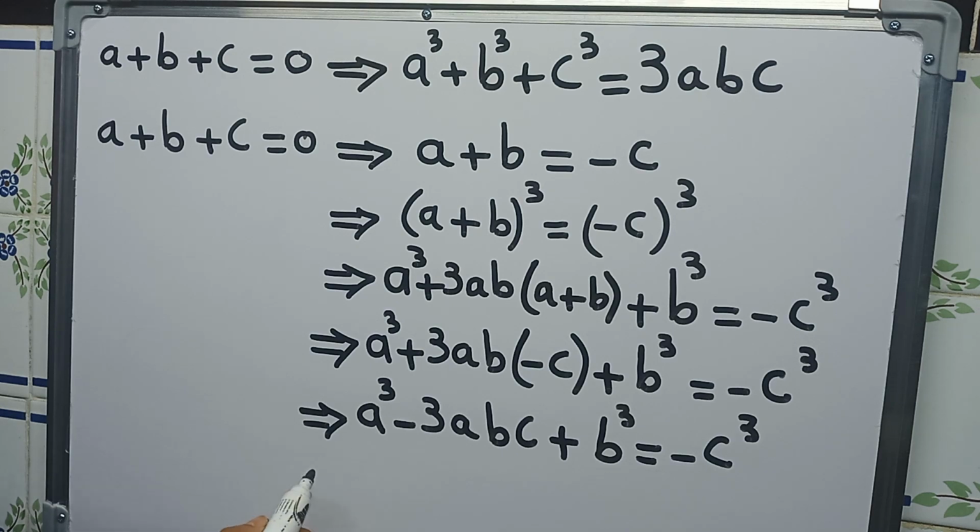Now the final step is to take 3abc to the other side and bring minus c cubed here. So we have here a cubed, of course, plus b cubed.